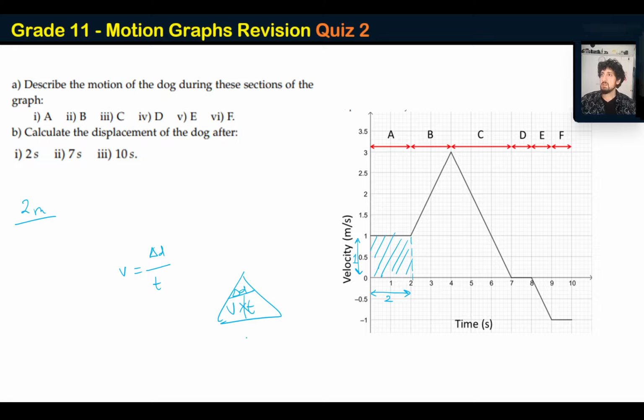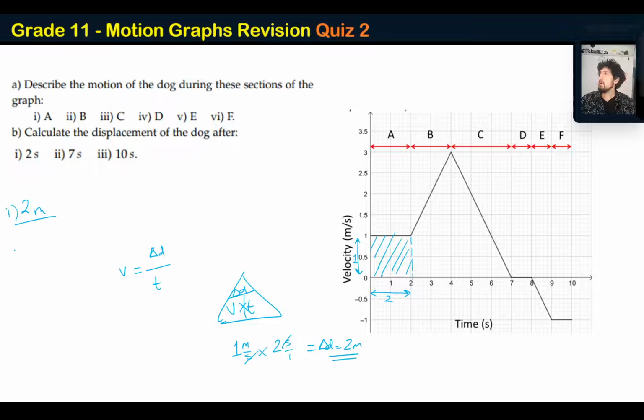So velocity in this case is 1 meter per second, and time is 2 seconds. 2 seconds is the same as 2 over 1. These cancel out, and then the displacement equals 2 meters. So that's why it's 2 meters.